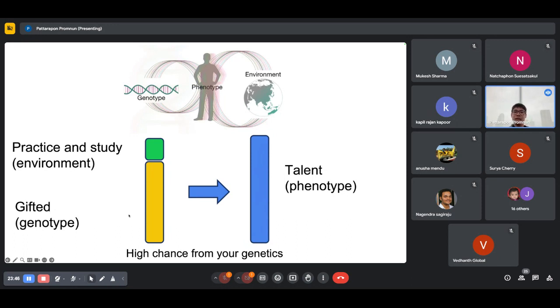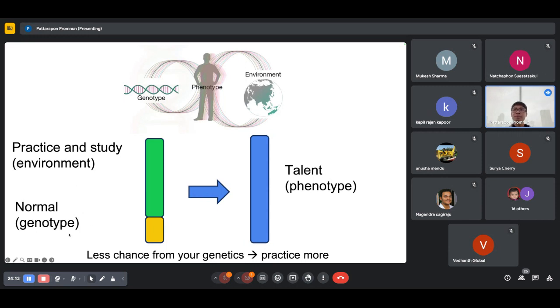You may study a little bit, and you can get the ability of mathematical skills. But in contrast, a person with the normal genotype, the normal genetic score, if they want to be good at mathematics, they have to practice more and more. You have to study harder than the person who gets the highest score in genetics.